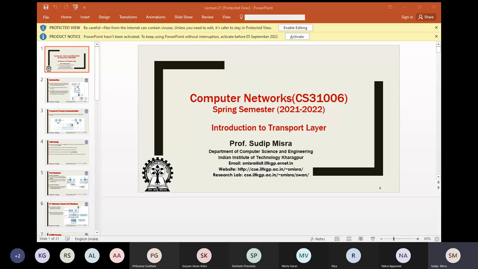Now the transport layer is going to add a certain header and encapsulate that information within it. So this becomes your segment, and this is the header of the transport layer.